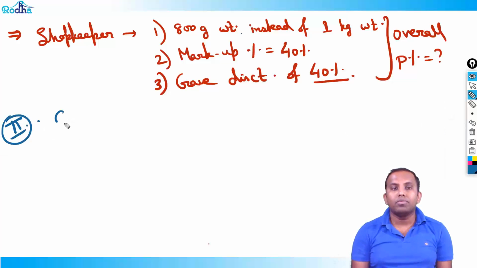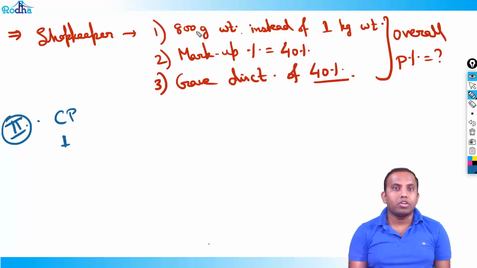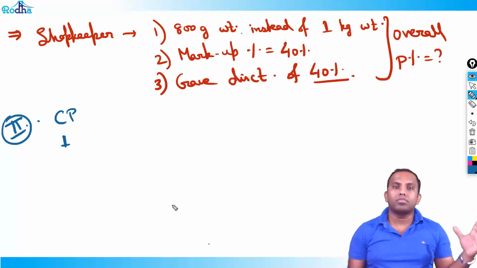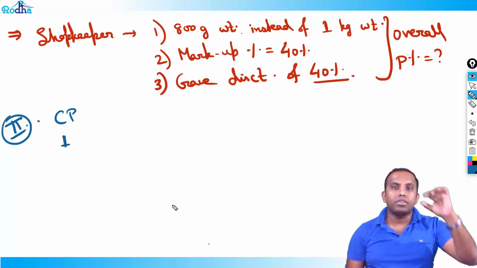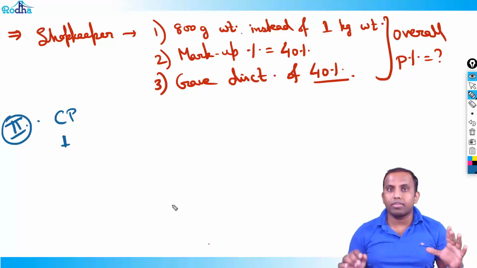Assume CP as 1. Now the first thing, instead of 800 gram, he's using a 1 kg weight. So now mentally calculate. Treat this as a fresh question and you can solve it in maximum 20 seconds. Just keep your mind fresh and listen to what I'm telling you. CP is 1.